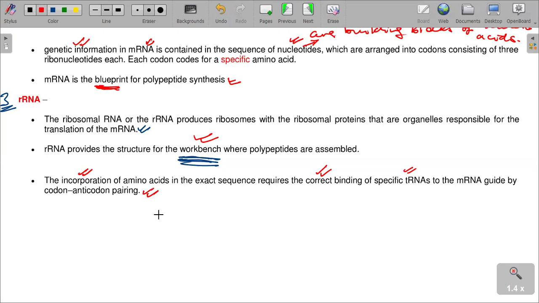So what I'm saying is that these are the three types of RNA.